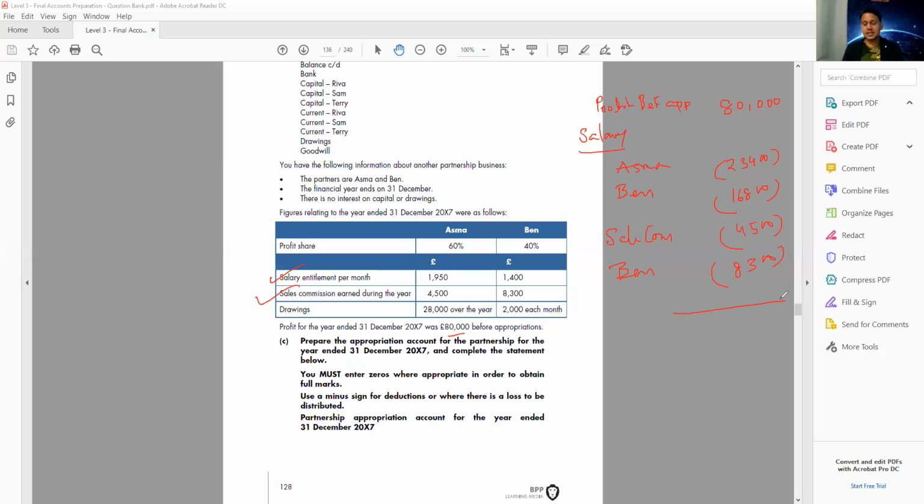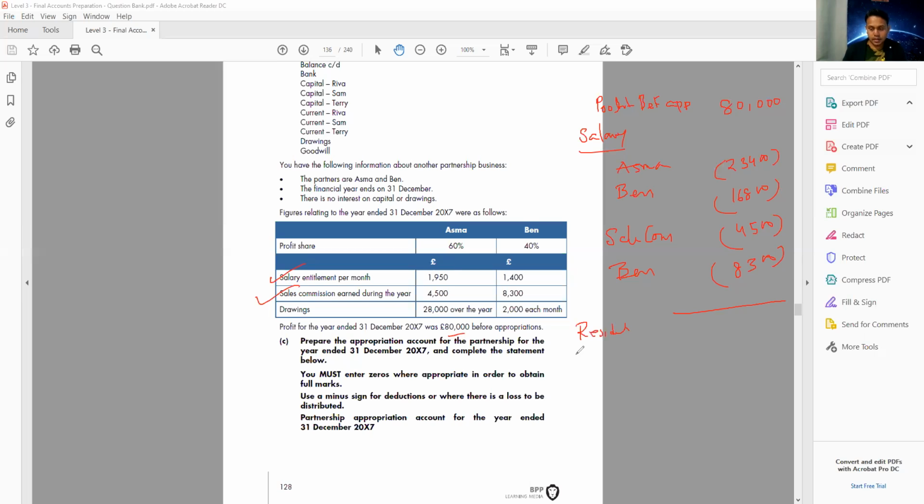How much profit is left over from the 80,000? So from the 80,000, I'm going to minus 23,400, minus 16,800, minus 4,500, minus 8,300. How much is the profit remaining? So our profit remaining is 25,000. We call it residual profit.